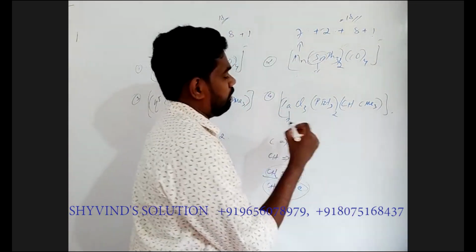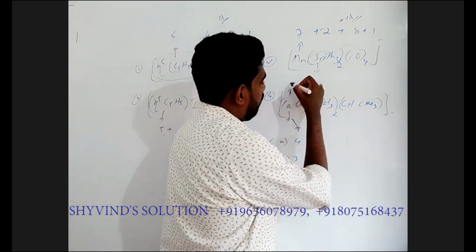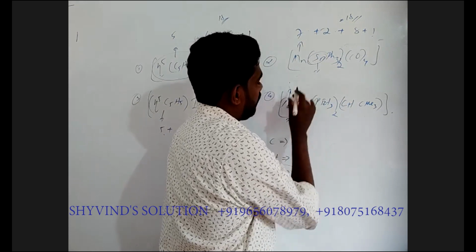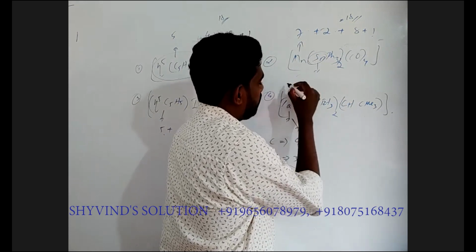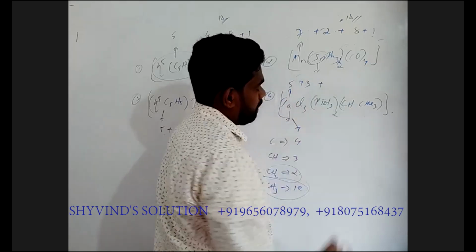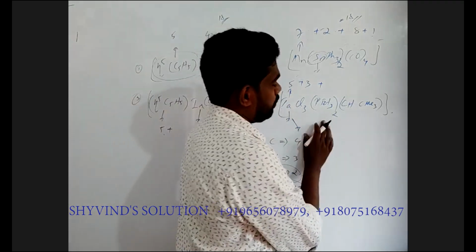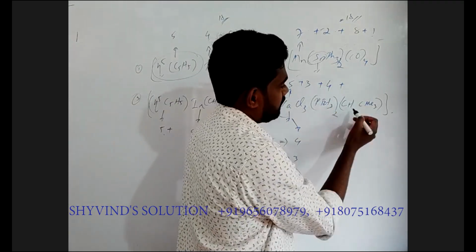Lanthanum, hafnium, tantalum. So it's a d3 system, 3 plus 2, 5: 3 from the d orbital and 2 from the s orbital. 5 plus chlorine, a 1 electron donor, 3, plus PEt3, just like PMe3, a 2 electron donor, 2 into 2, 4, plus CH.